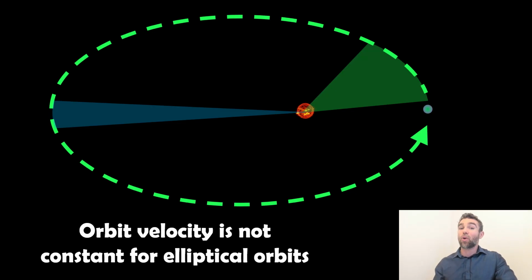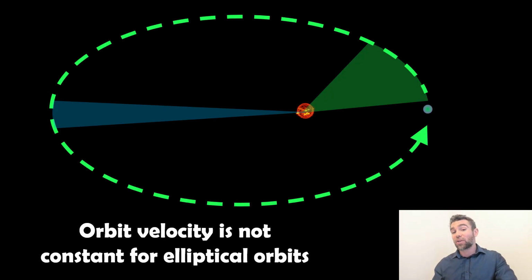They are slightly elliptical or very elliptical, and the orbital velocity changes depending on where it is on that particular part of its orbit. So for example, if you see the green segment there with the planet orbiting the star, it will orbit faster there when it's closer than it does further out.